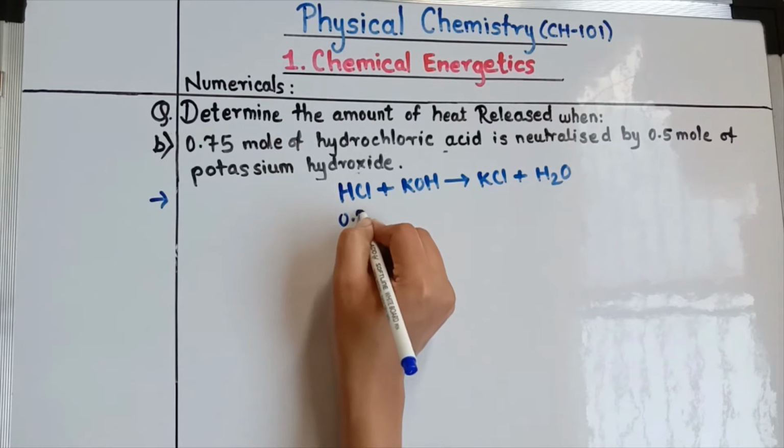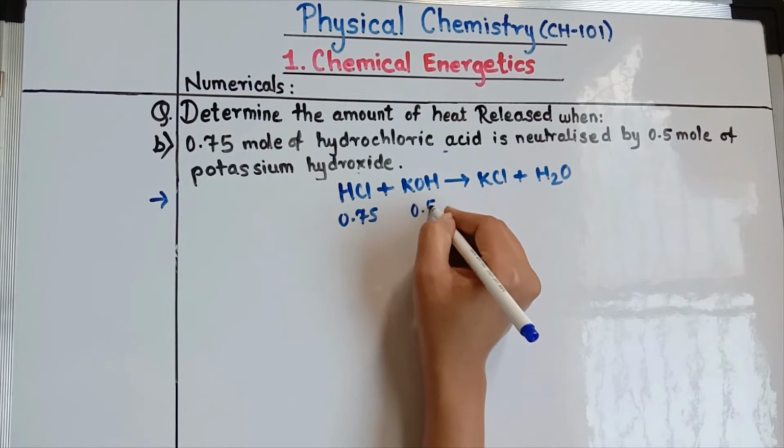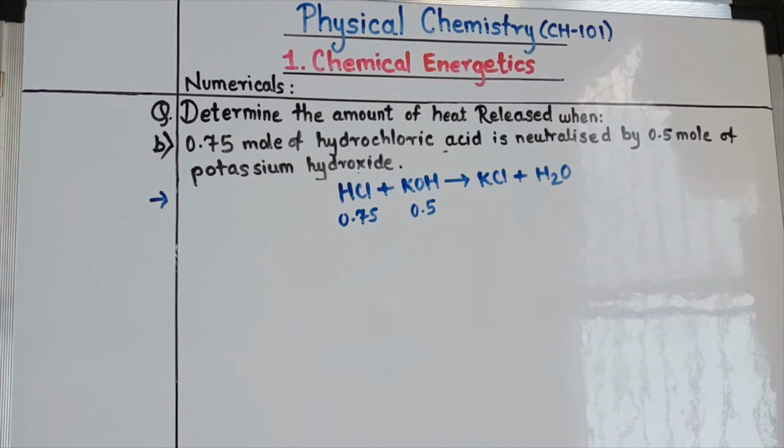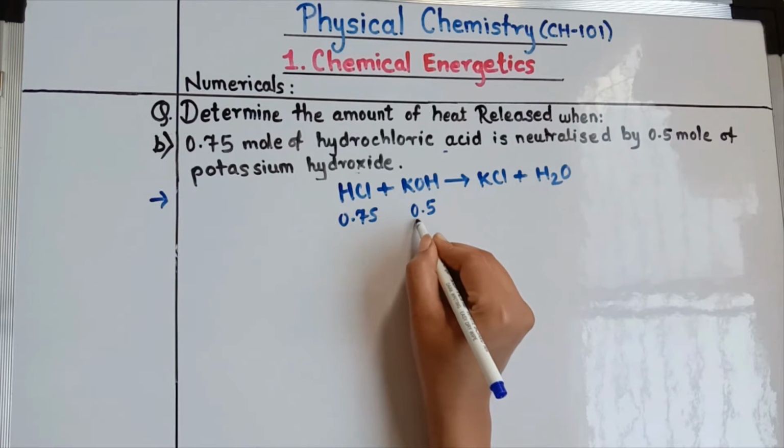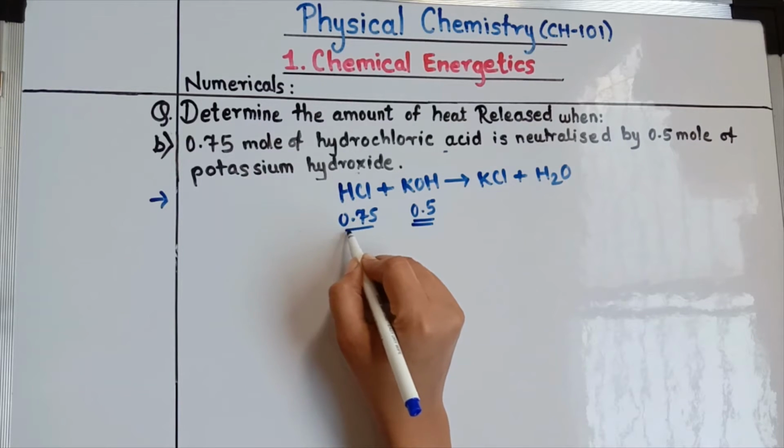There is 0.75 moles of HCl and 0.5 mole of KOH. We have learned in the previous lecture that when 1 mole of strong acid is neutralized by 1 mole of strong base or vice versa, heat released is always equal to 57.1 kilojoule.